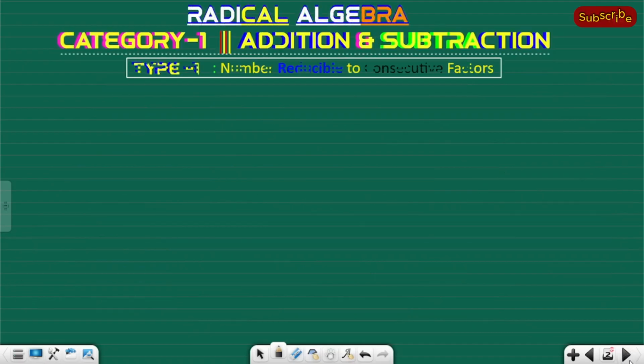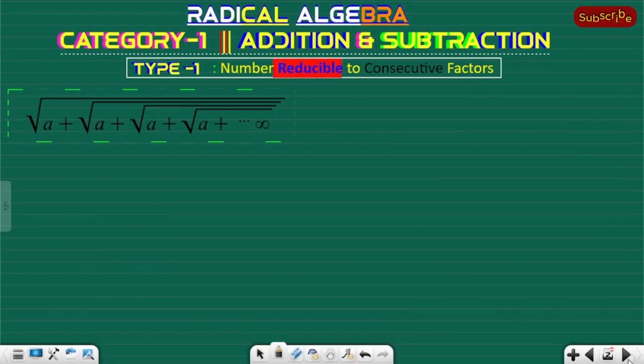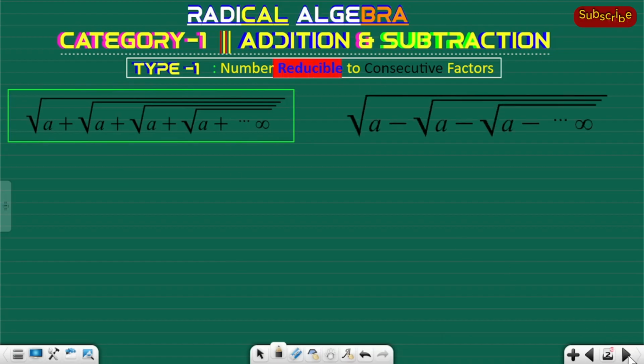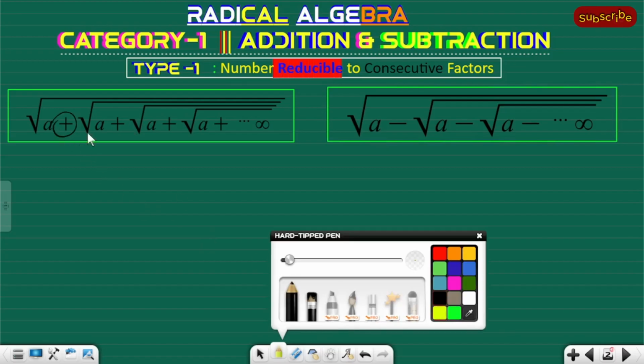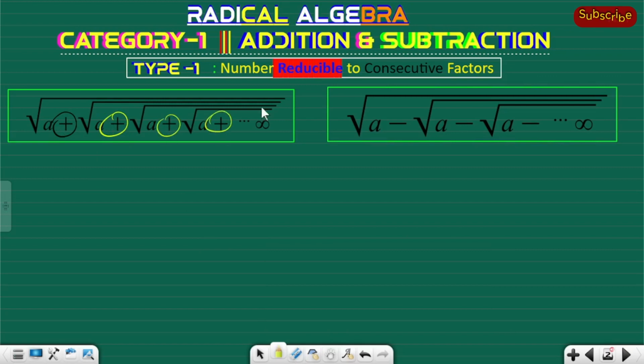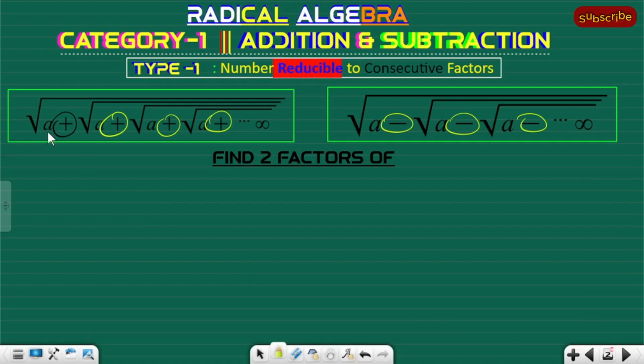First one is type 1, number reducible to consecutive factors. Here we have two forms. One is all plus, here it is addition. The other one is negative, difference. In this method we have to find two factors for a.